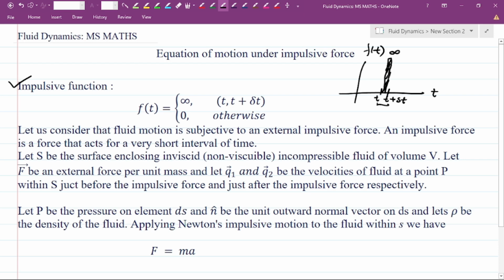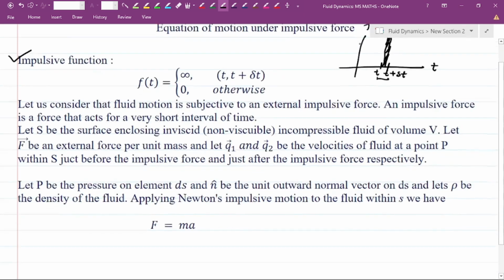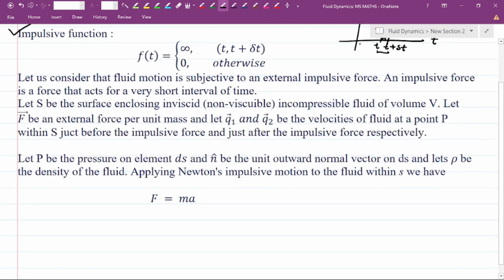For all other intervals, if we discuss it with respect to force, the force will be 0. So this is called the impulse function, or in terms of force, the impulsive force.